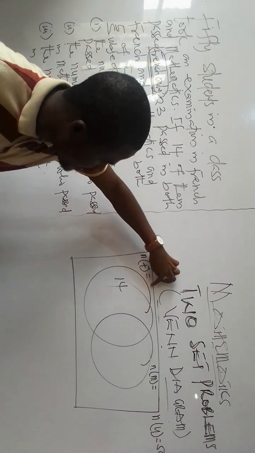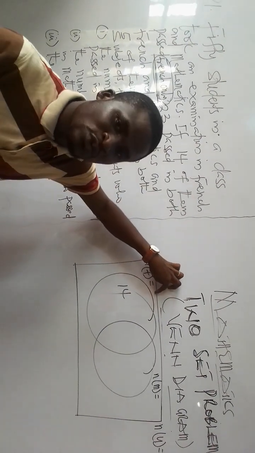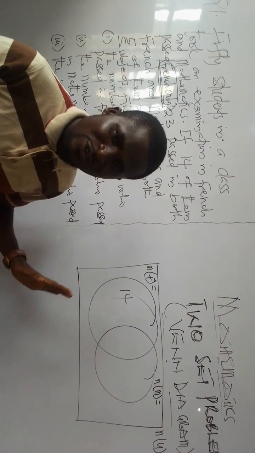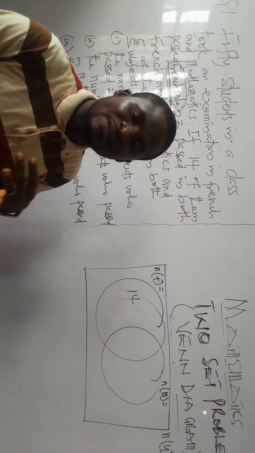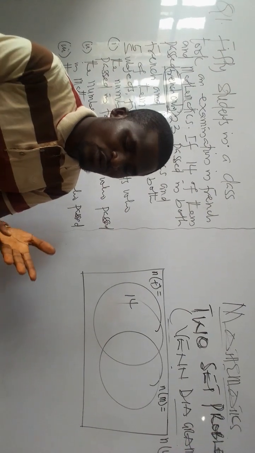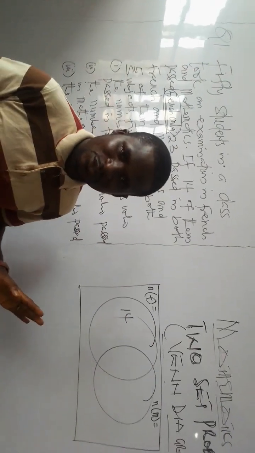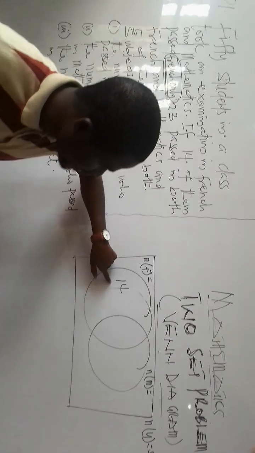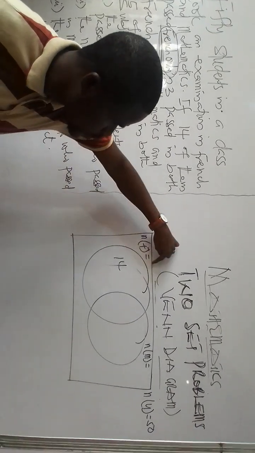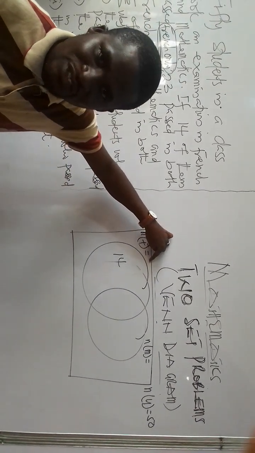And here represents those who did French. So take note. In our previous lesson, we learned that we had those who studied French and those who did French only. So French only is 14.